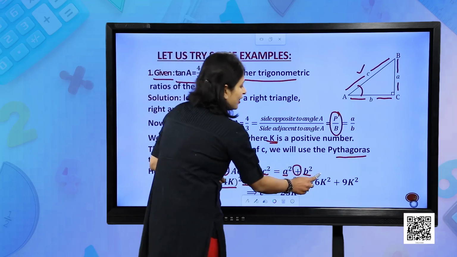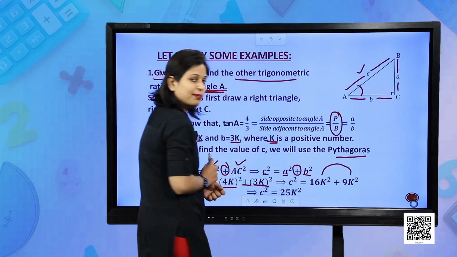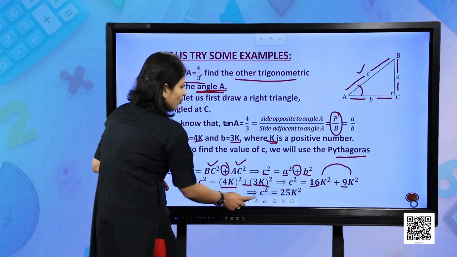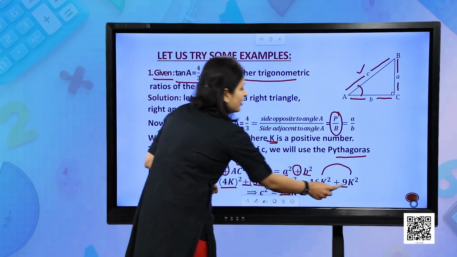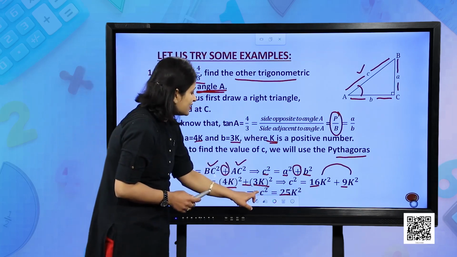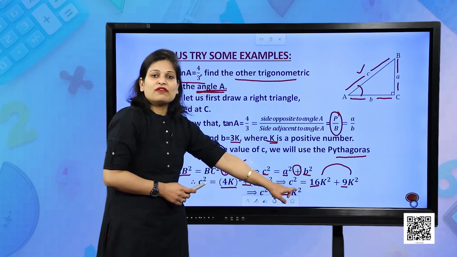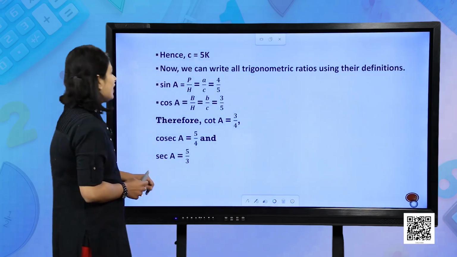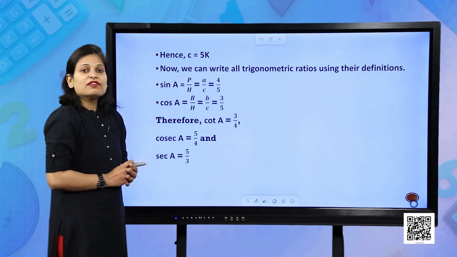Now since the variable is the same, 16 plus 9 will give you 25 and K square will remain with it. Now since C square is equal to 25K square, how will you calculate the value of C? You will get C as 5K.